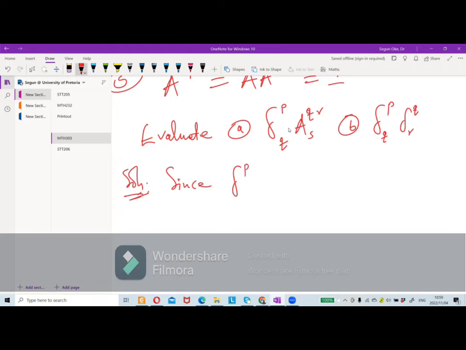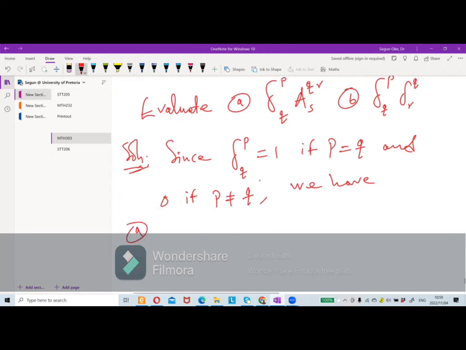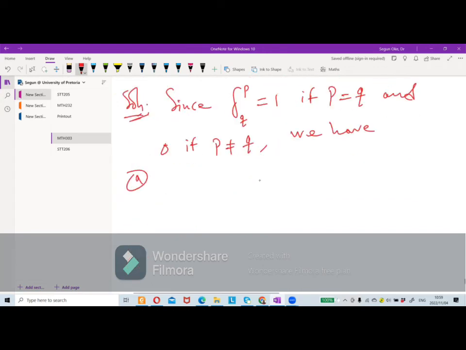Since Kronecker delta P, Q is equal to 1 if P equals Q, remember that condition, and is 0 if P is not equal to Q. Then we have for A now that we already stated that condition, it's simple for us to be able to solve.